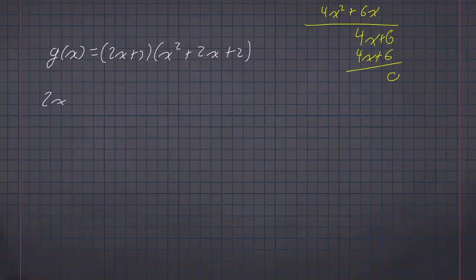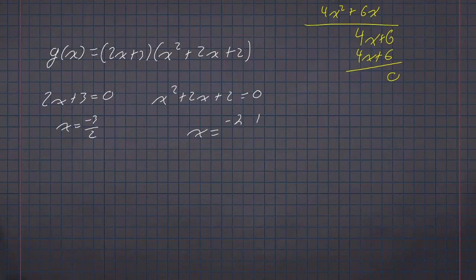Either 2x plus 3 is equal to 0, which means that x is negative 3 halves. We already knew about that one. Or x squared plus 2x plus 2 is equal to 0, which means, busting out the quadratic formula, x is negative b, which is 2, plus or minus the square root of b, which is 2 squared, minus 4 times a, which is 1, times c, which is 2, all over 2 times a, which is 1.